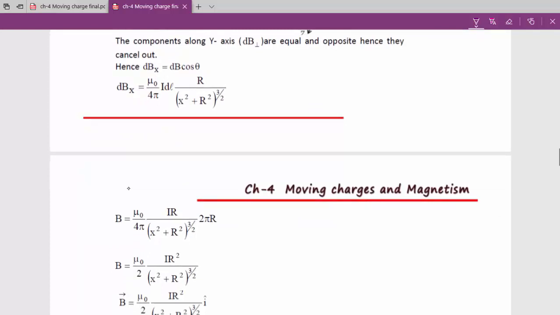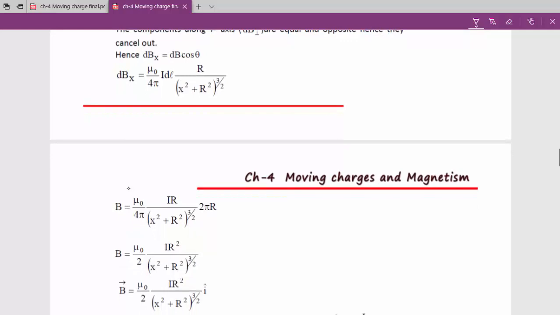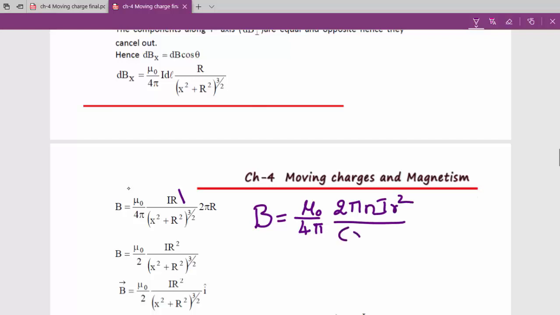The magnetic field expression is B equal to mu naught by 4 pi, 2 pi n I r square divided by r square plus x square raised to 3 by 2.